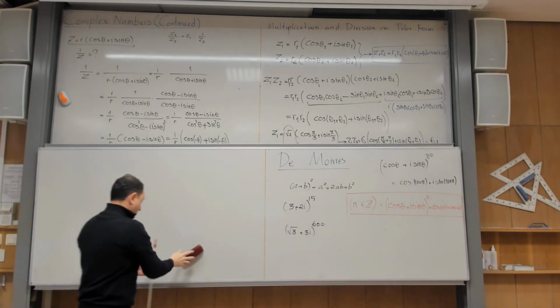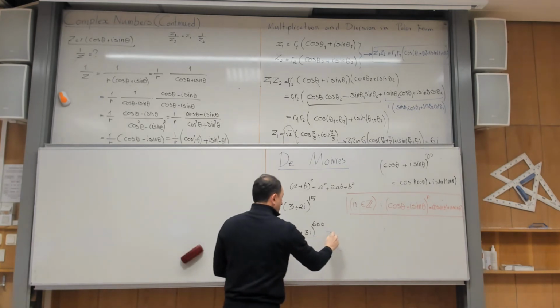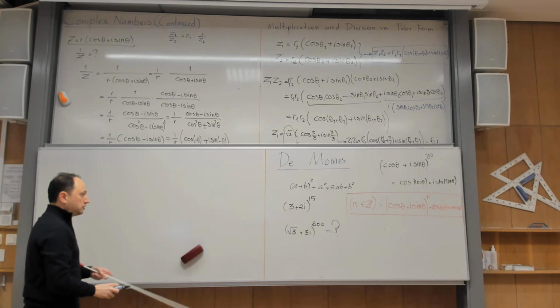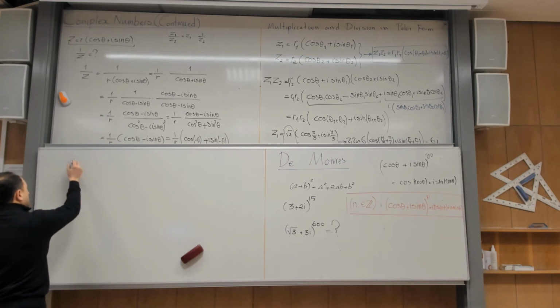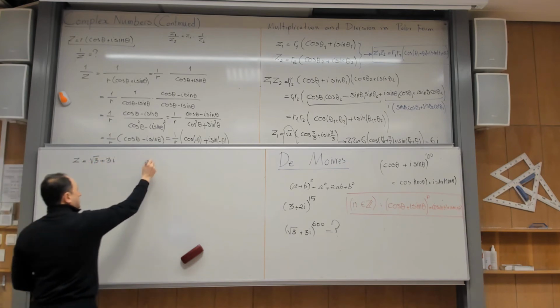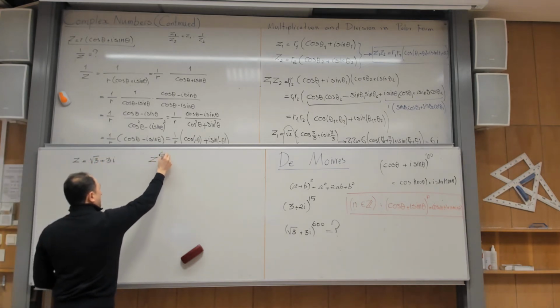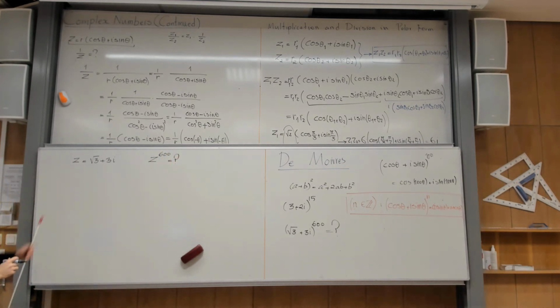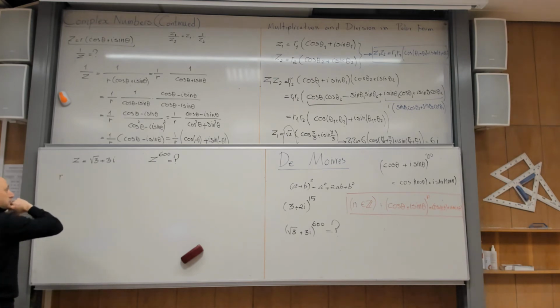So that's the question. We want to simplify this expression as much as possible. So the first thing I do, I will introduce this complex number z, which is square root of 3 plus 3i. And the question is, what is z to power 600? Okay, I switch this to polar form. For switching a number to polar form, I need two things, yes?